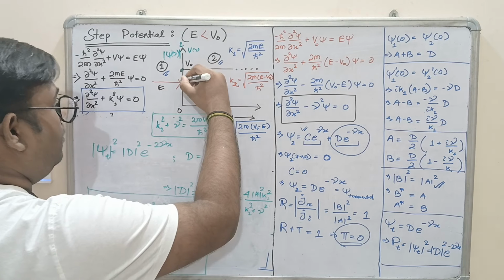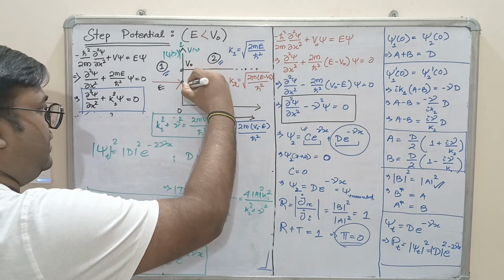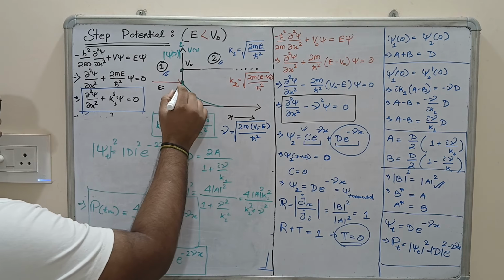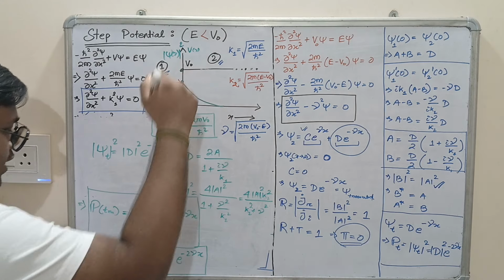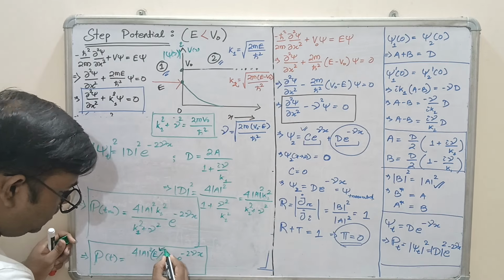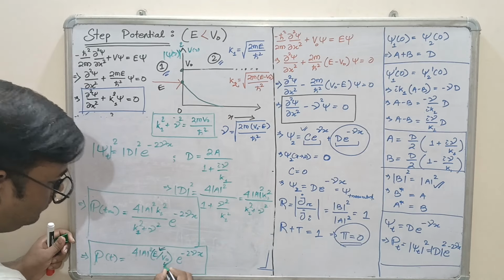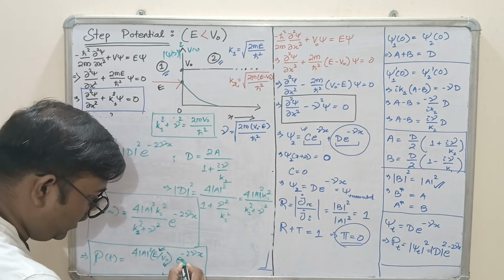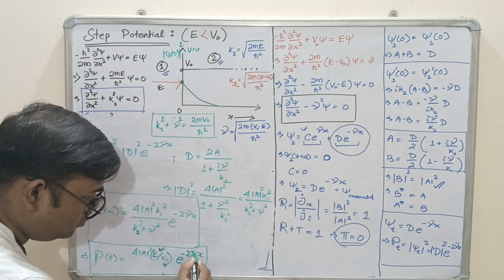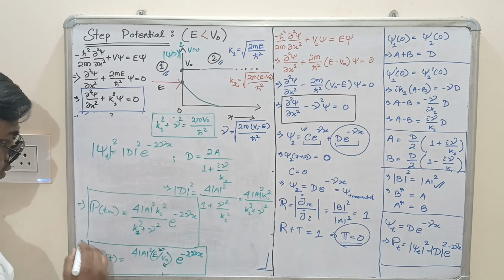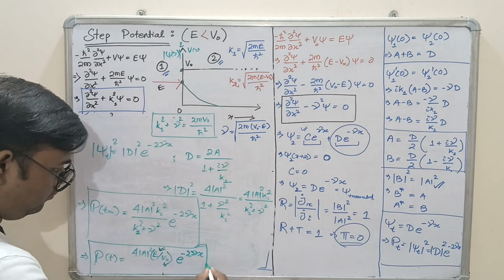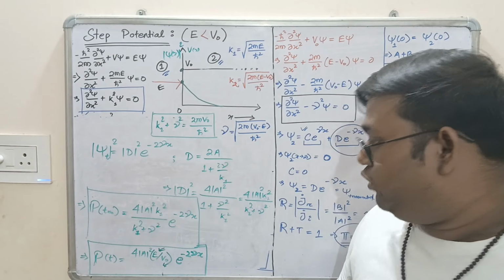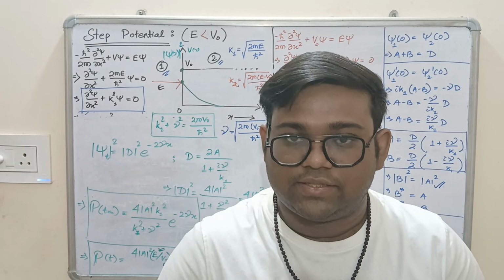From here, the probability density will decrease exponentially, and the decrement will be dependent on energy and potential. It will decrease at the rate of e to the power minus 2 mu x.